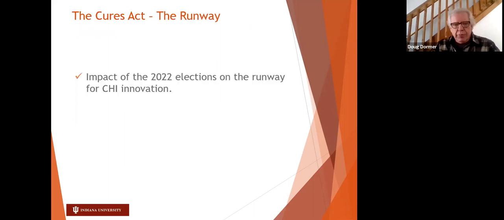Well, boy, oh boy, let's see, the runway. There's one last thing I want to talk about in this early stage about the Cures Act. As you may know, we had our midterm election last November.